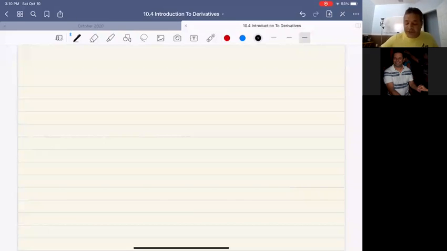All right, next problem is actually very similar to the last problem, but now we're given the equation.